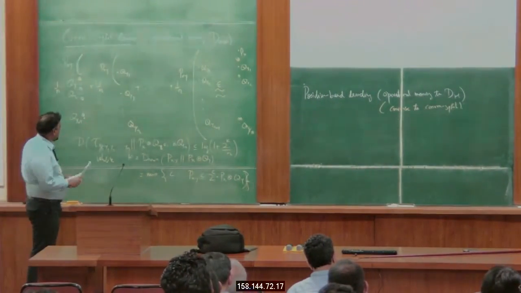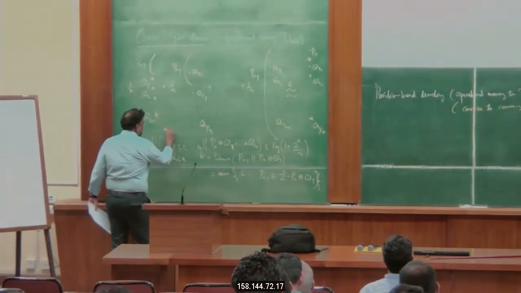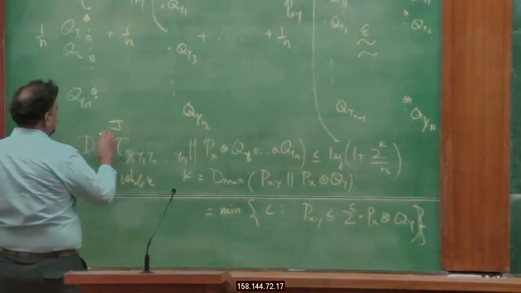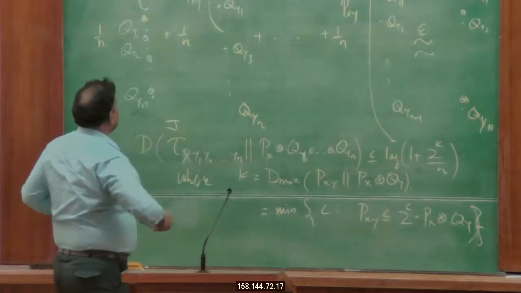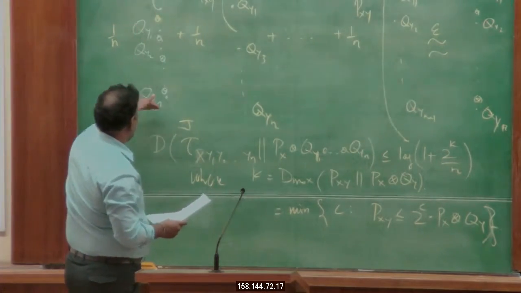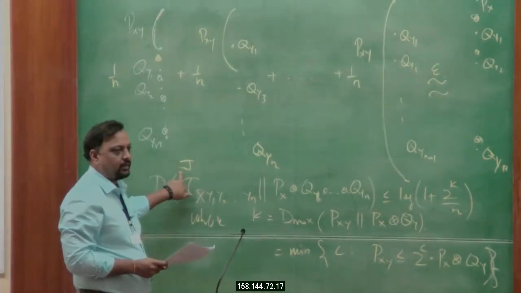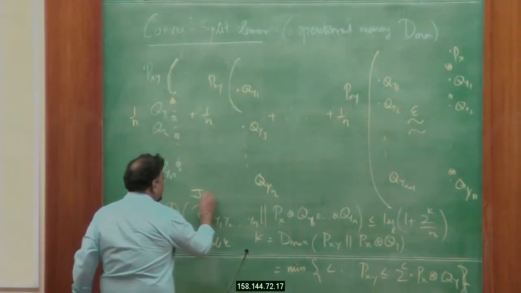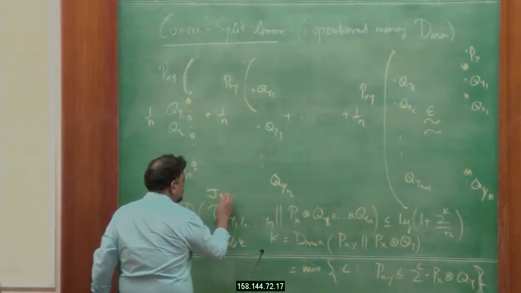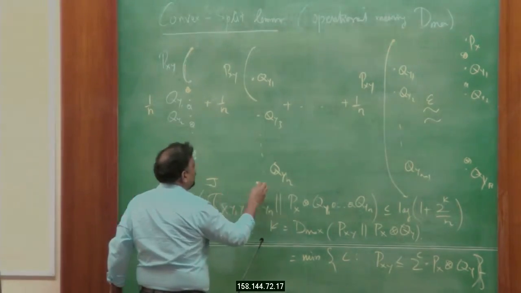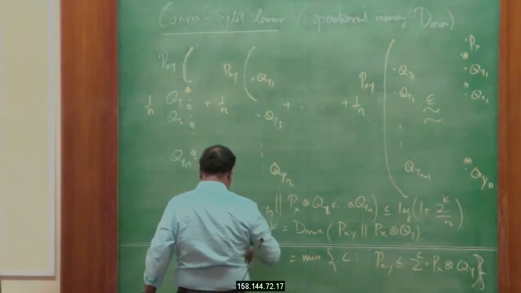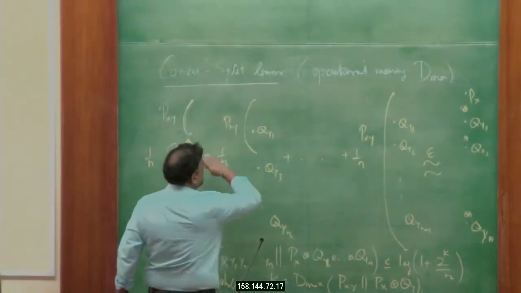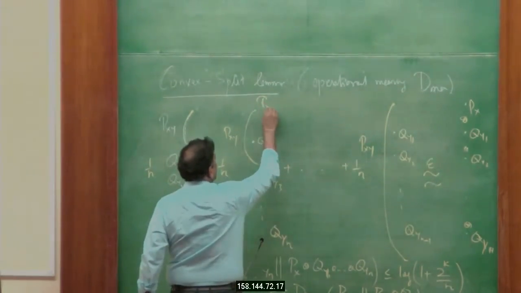So let's define one correlated random variable j. To this system x, y1, y2 up to yn, let's extend it and define a correlated random variable j, such that when j is equal to i, let me call the component of the mixture tau i.